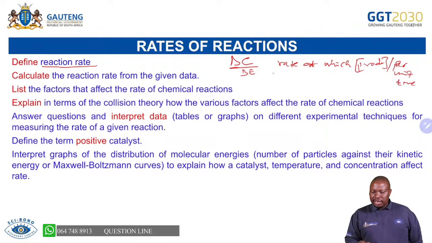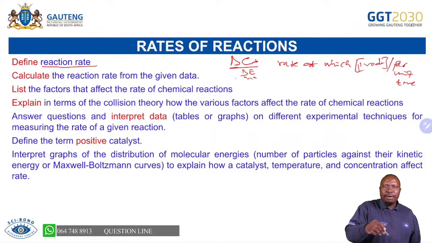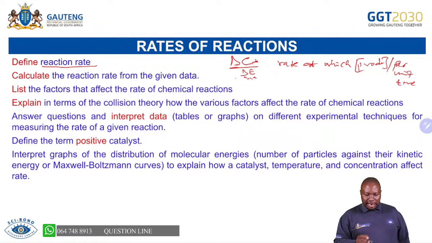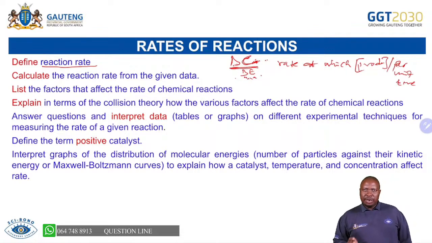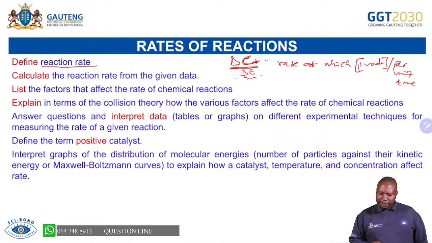Remember, if you say it is the rate of change in concentration of products or reactants, you are done. You can't say the rate and say per unit time, because rate is per unit time. Please, I'm emphasizing that it is the rate of change in concentration of products or reactants, or you can simply say it is the change in concentration of the products or reactants per unit time. But you cannot use per unit time and rate in the same statement.